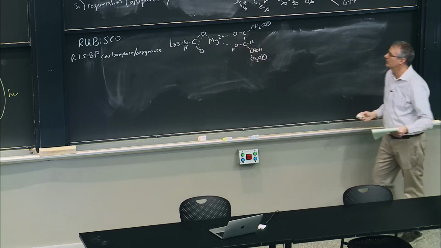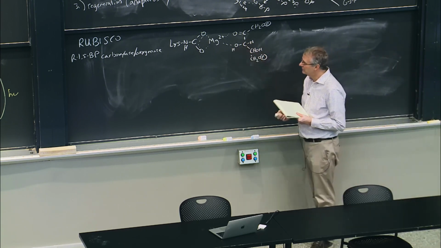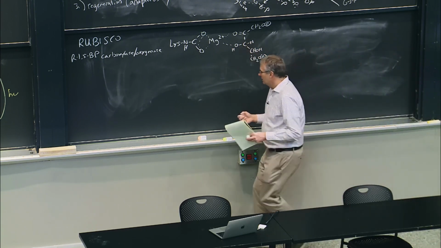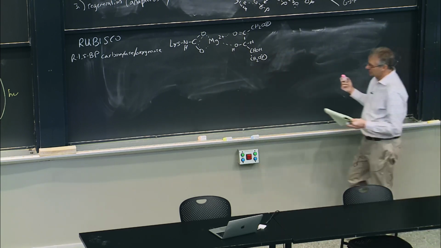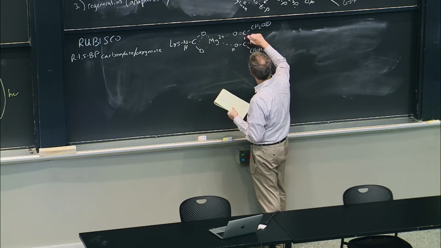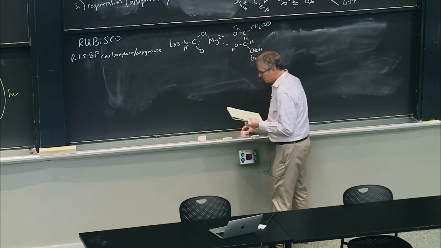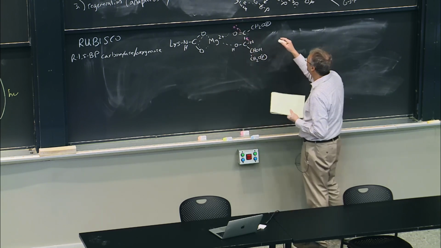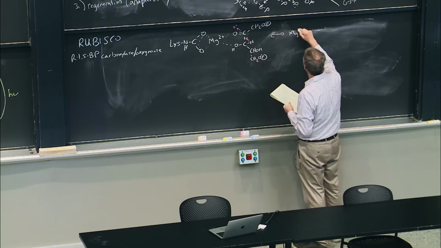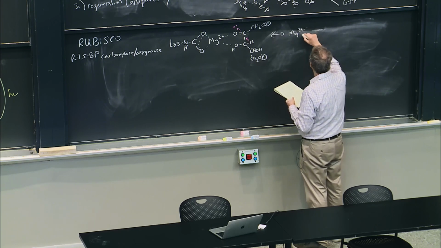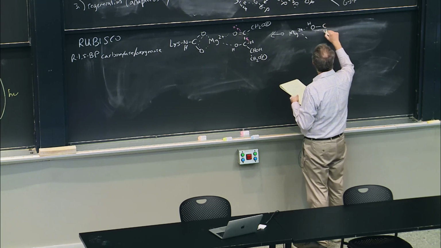All right, so here's ribulose 1,5-bisphosphate bound into the active site of RuBisCO. I'll show you quickly how the RuBisCO reaction works. So if we take the enol or the keto form of ribulose 1,5-bisphosphate and redraw it in the active site as the keto form.